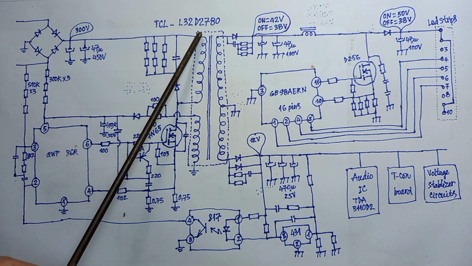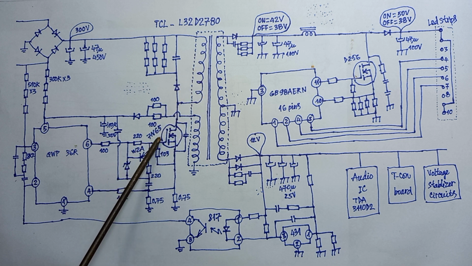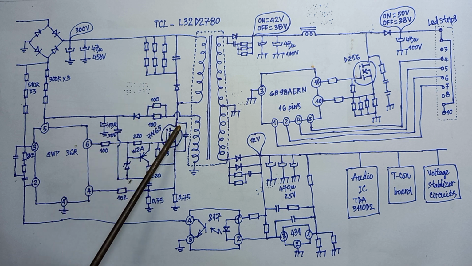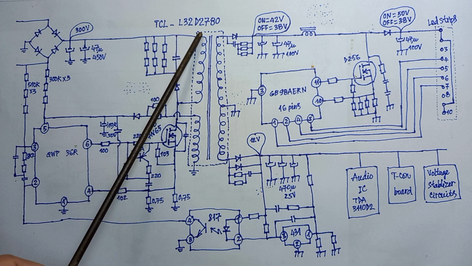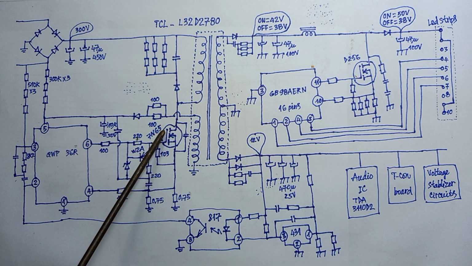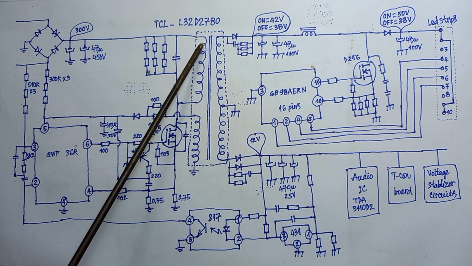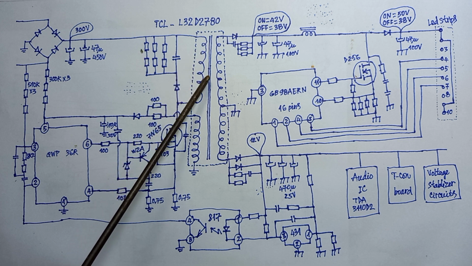Now you can see the primary coil and the MOSFET are connected in series. When the MOSFET works, the current flowing through the primary coil and through the MOSFET to the ground. The coil will create the magnetic field.